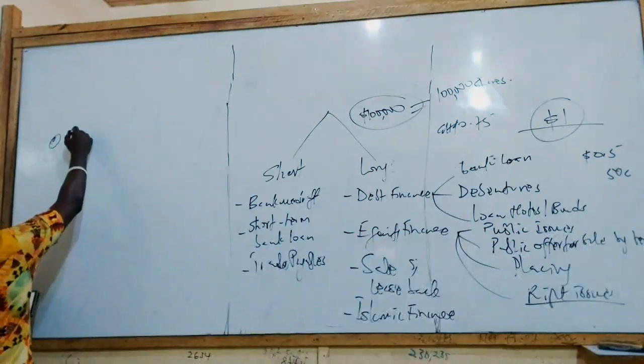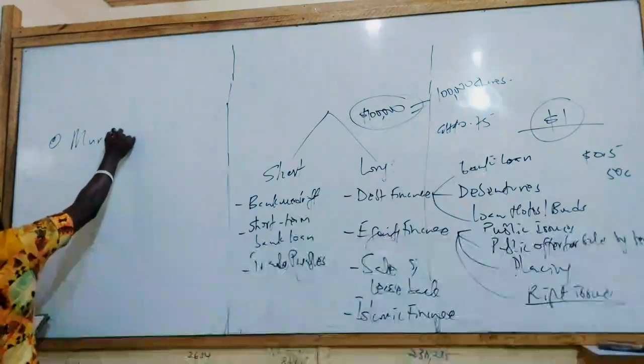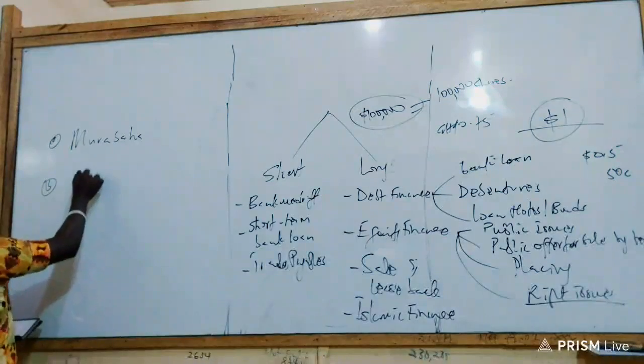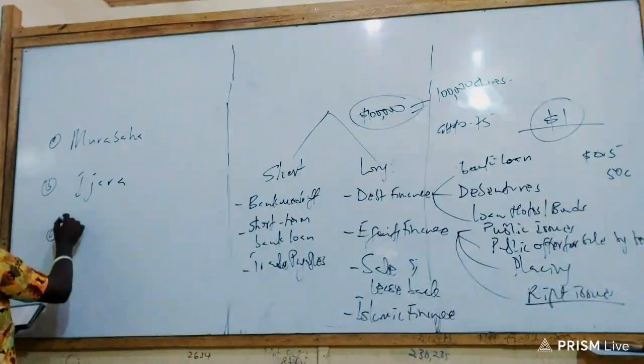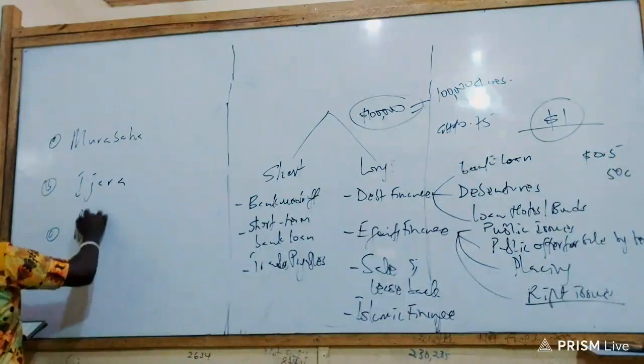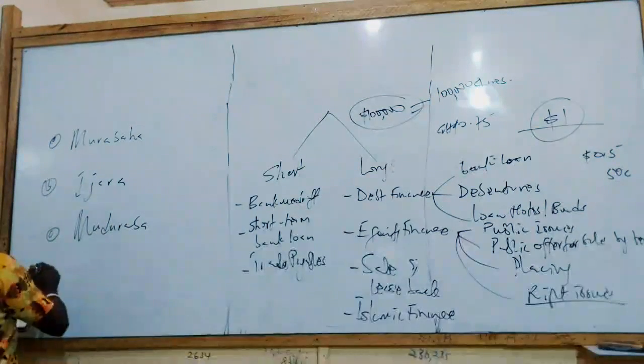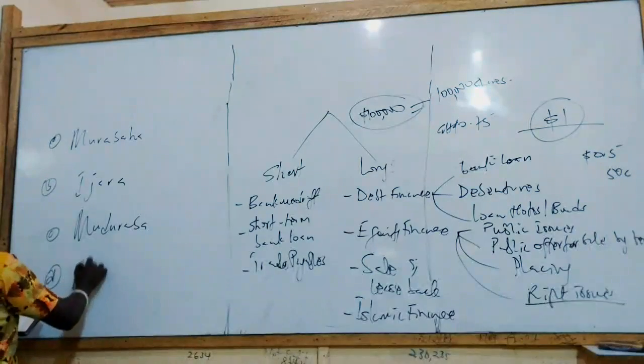So we have what we call murabaha. Let me list them down, then we go through it: ijara, mudaraba, musharaka.